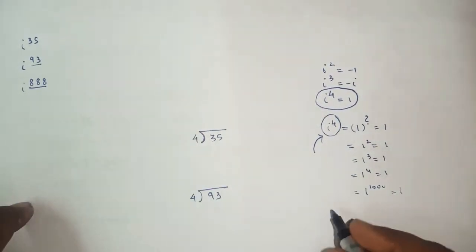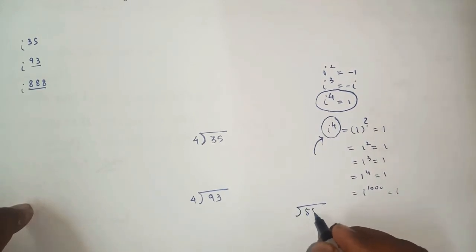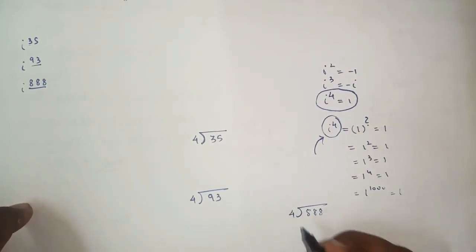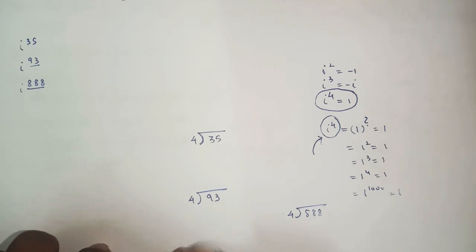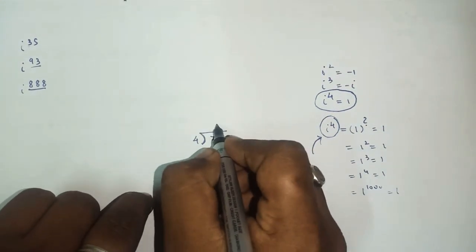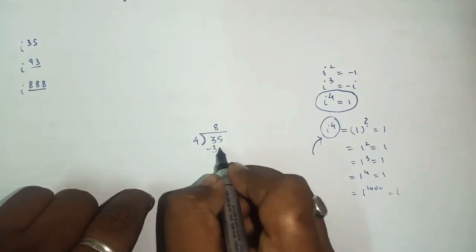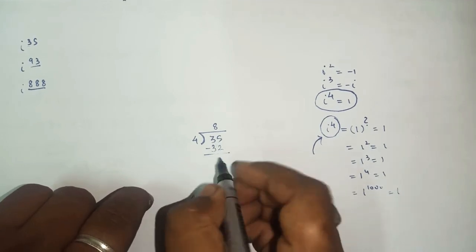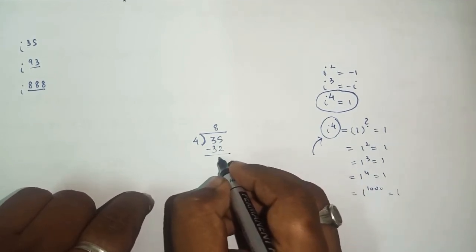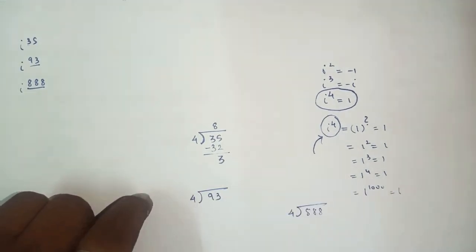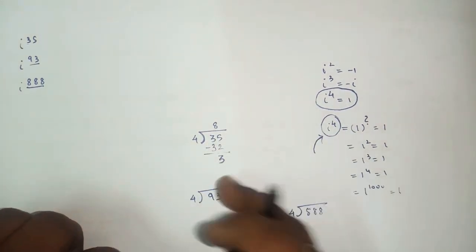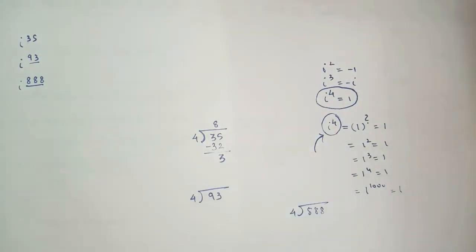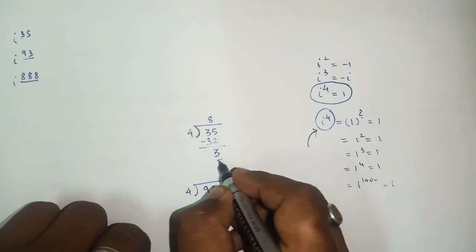For the next, we'll divide 888 by 4. See the technique. 4 8s are 32, so here we are left with 3. After that, no need to solve any sum. Just stop your answer till here.